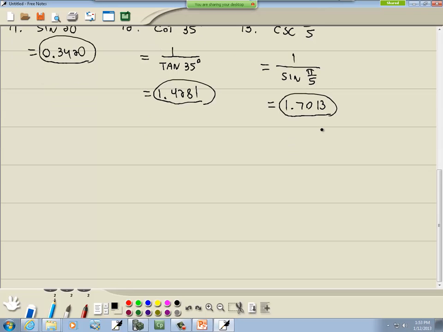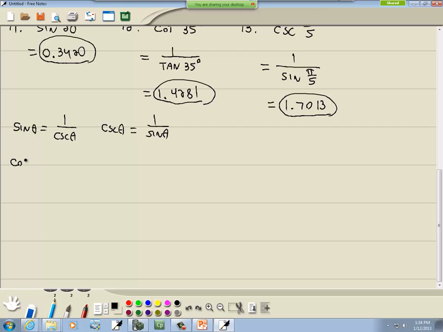Now let me talk about some of the basic identities that are real handy to know for Calculus 1. We've already kind of been referring to this over and over, but if you have sine theta, that's equal to 1 over cosecant theta. What goes along with that is if you've got cosecant theta, that's equal to 1 over sine theta.